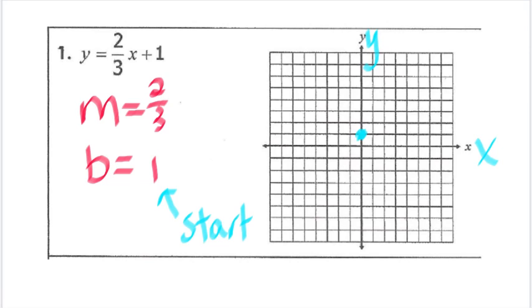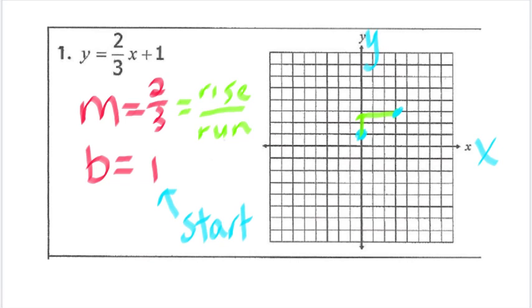Okay, so now we're going to use our slope to find some more points. Now remember, our slope is our rise over our run. So I'm going to rise up 2, and I'm going to run 3. And then I end up at this point.